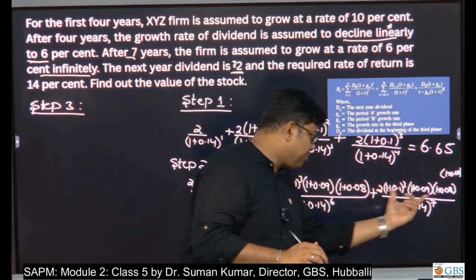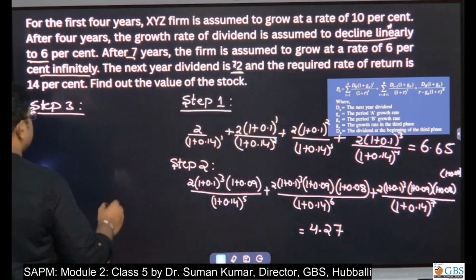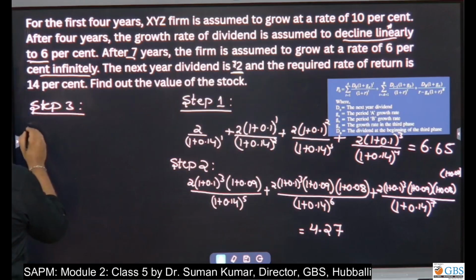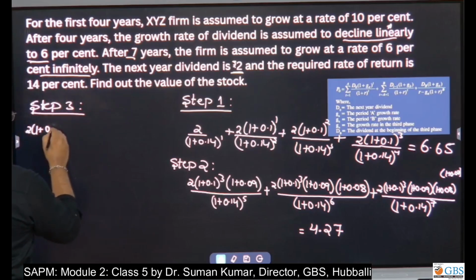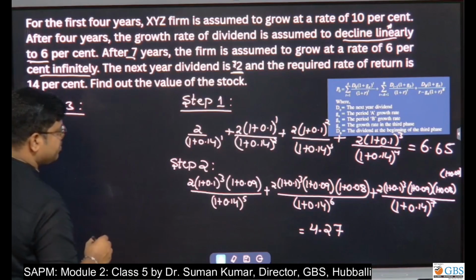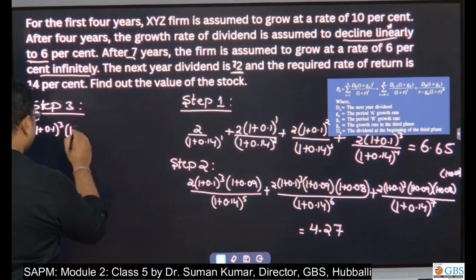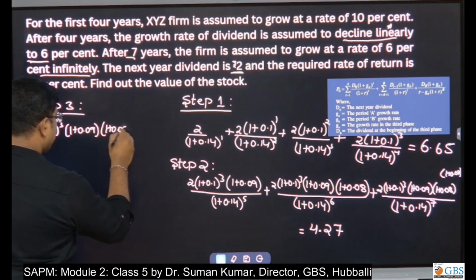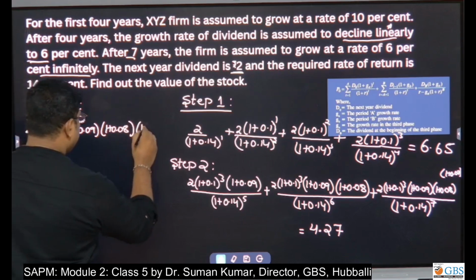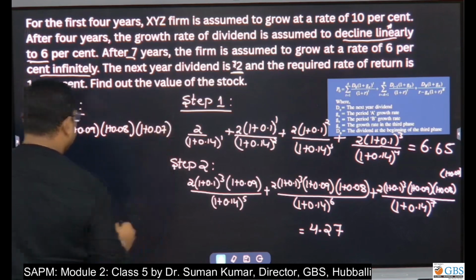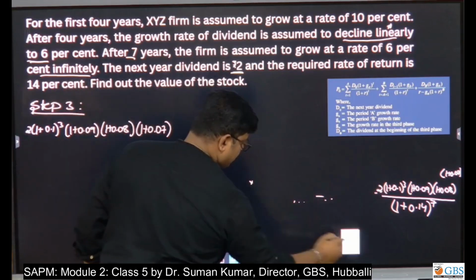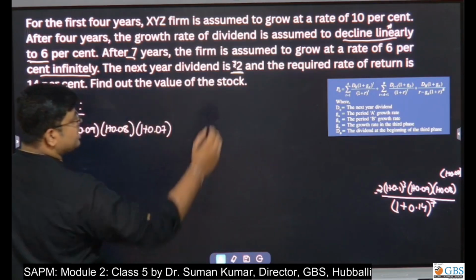So I'm going to write down the same thing, to make you understand, instead of D_B, I'm writing 2 into (1 plus 0.1) raised to 3, then into (1 plus 0.09), (1 plus 0.08), then (1 plus 0.07). Okay, the same dividend, that is D_B.